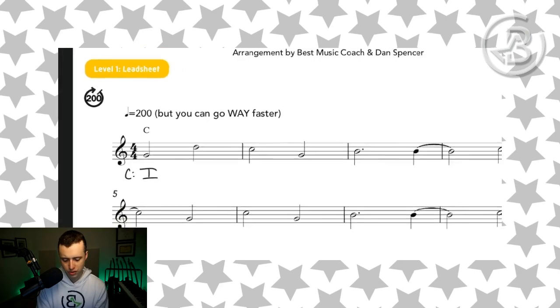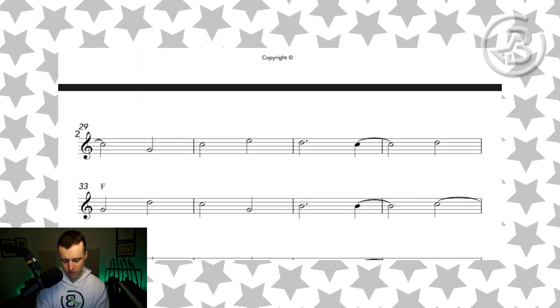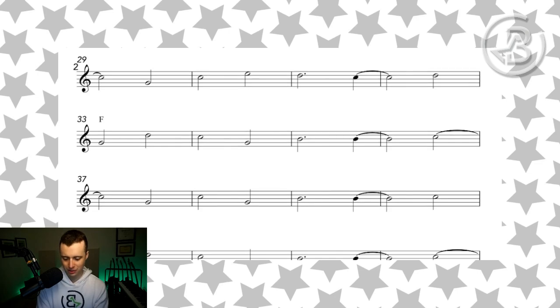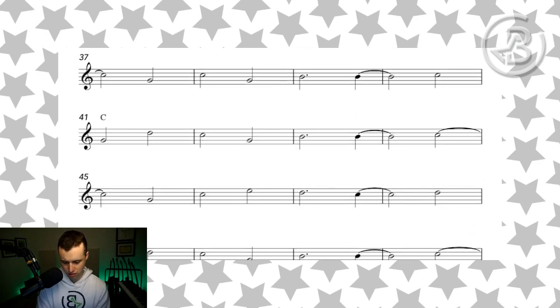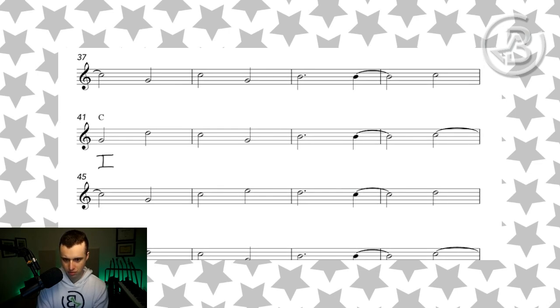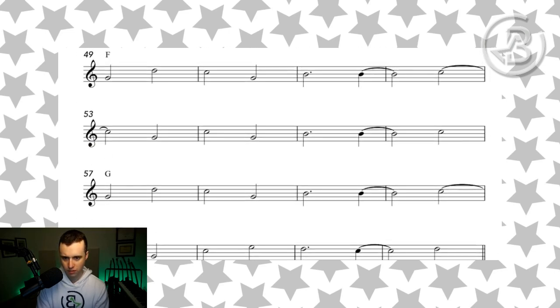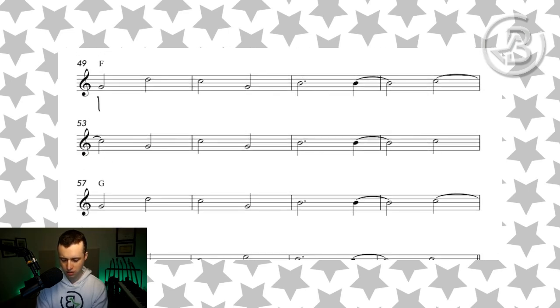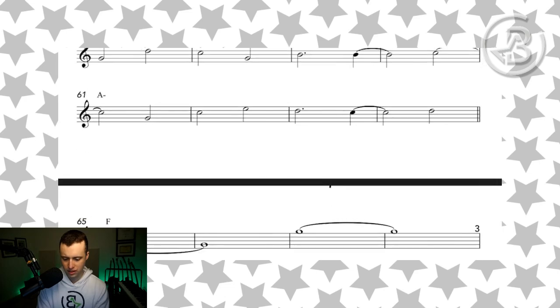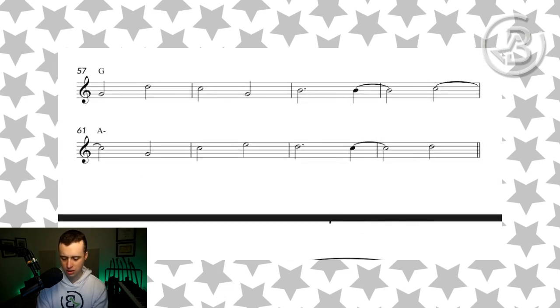All right, so let's start by putting in our key and our Roman numerals. Okay, so we have 1 for days. Okay, then we get to 4. Then we're back to 1, measure 49, 4, measure 57. We have G. It's going to be our 5.